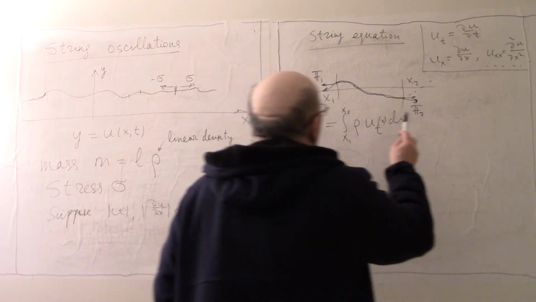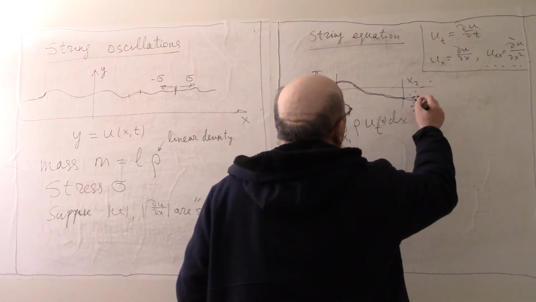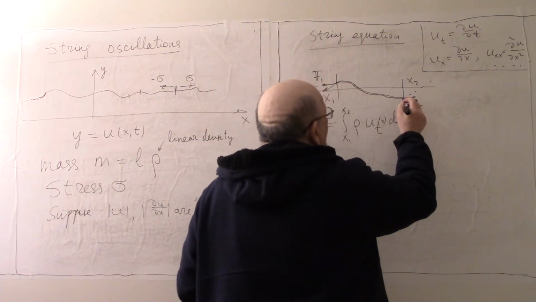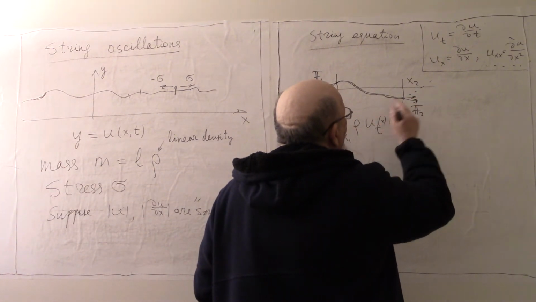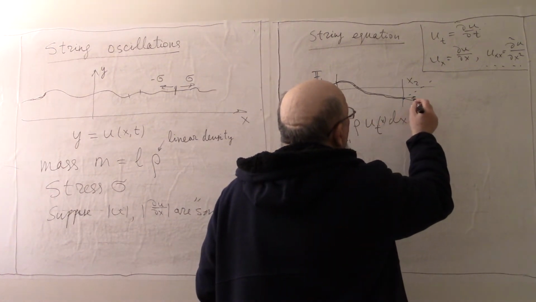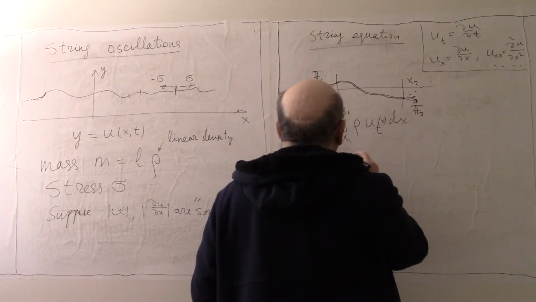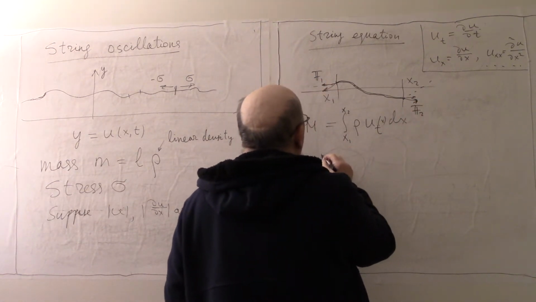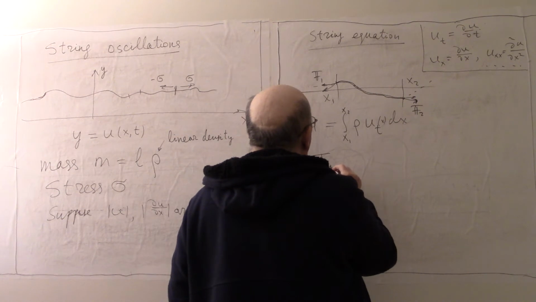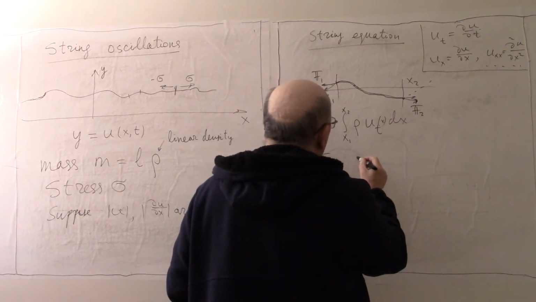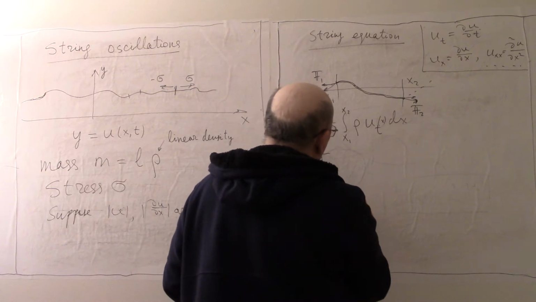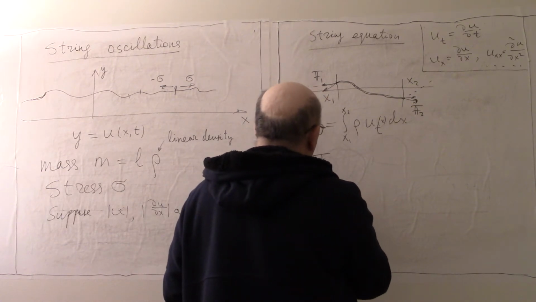The vertical component is F1. Let me consider in more detail. This is vector F1.